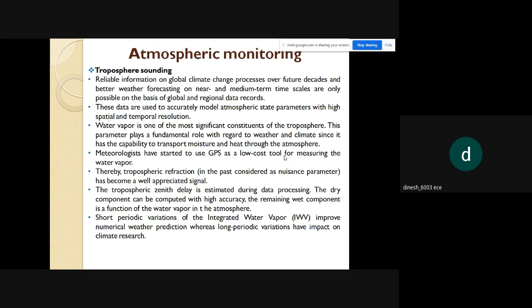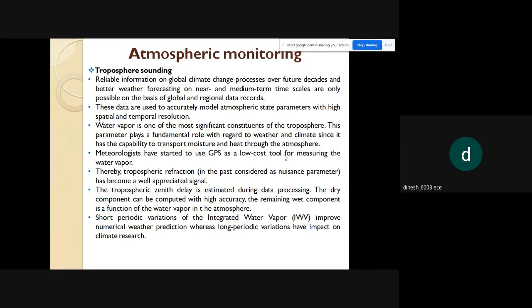So this water vapor content is to be monitored at different distances, where meteorologists have started to use GPS as a low-cost tool for measuring the water vapor.